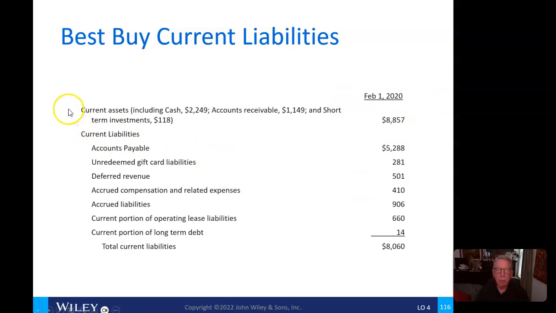As you can see, it presents the total current assets and then the current liabilities, several items here: accounts payable, unredeemed gift card liabilities, deferred revenue, accrued compensation and related expenses, accrued liabilities, current portion of operating lease liabilities, and lastly, the current portion of long-term debt, all summed up to reflect here $8,060 of current liabilities.